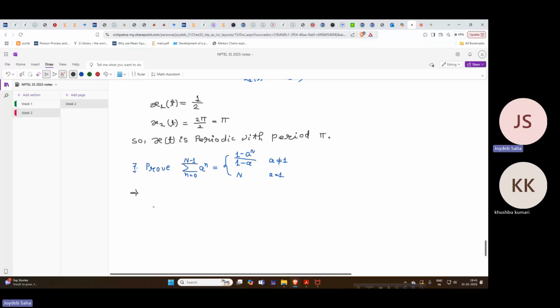The second part is very simple. If a is equal to 1, then we will get the summation n, because n times 1 is getting summed up, right? But what about the first part? If a is not 1, how can we prove it? So try to solve. Take 2 more minutes and then I will solve it for you.